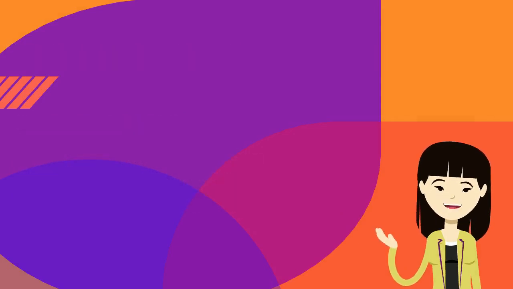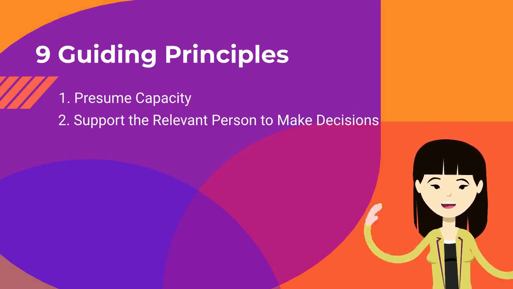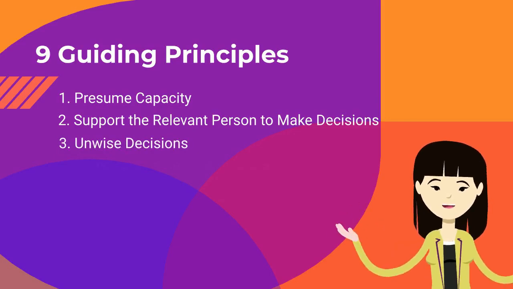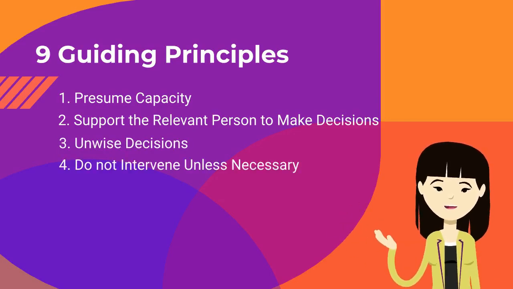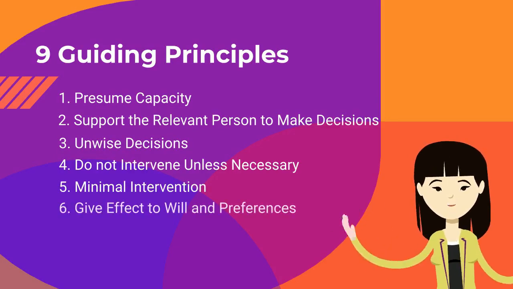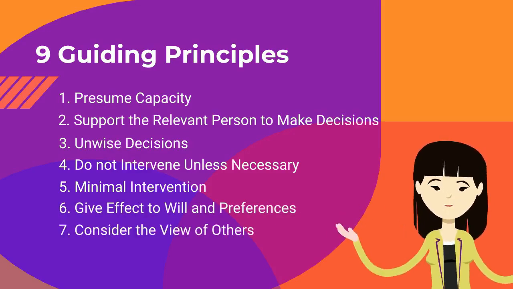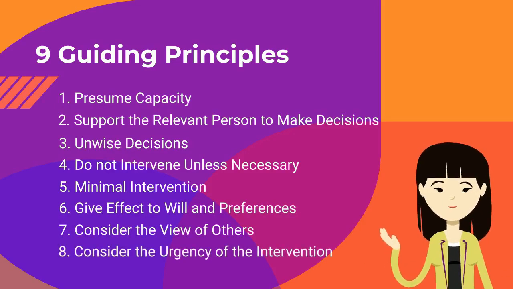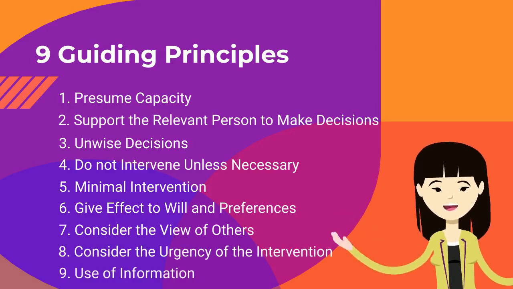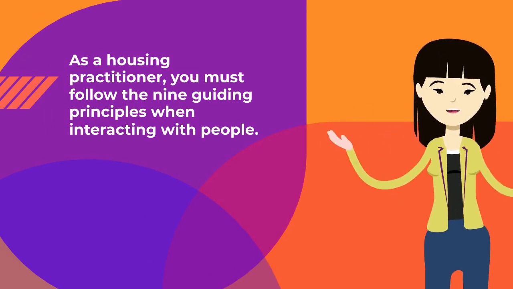These are: number 1, presume capacity; number 2, support the relevant person to make decisions; number 3, unwise decisions; number 4, do not intervene unless necessary; number 5, minimal intervention; number 6, give effect to will and preferences; number 7, consider the views of others; number 8, consider the urgency of the intervention; number 9, use of information. As a housing practitioner, you must follow the 9 guiding principles when interacting with people.